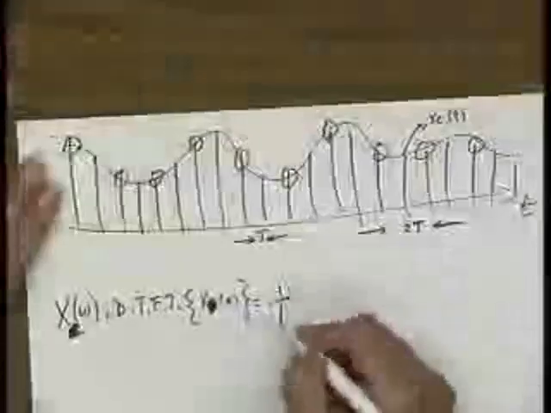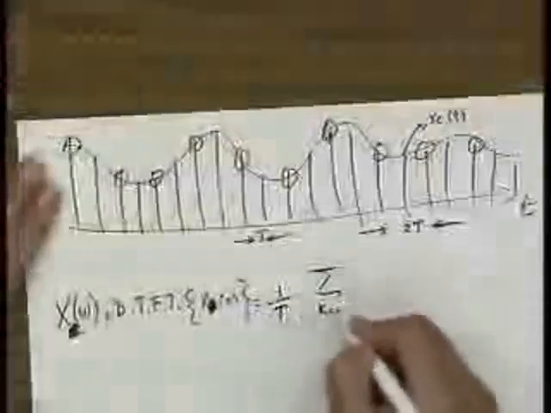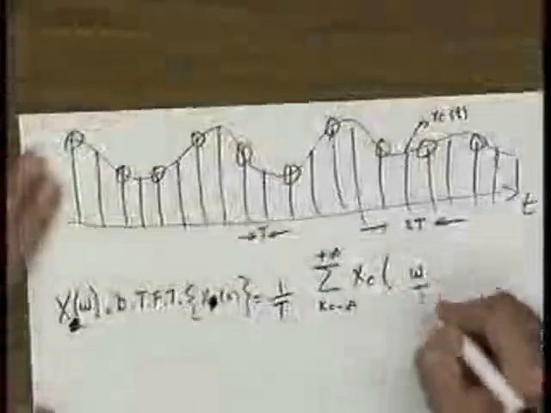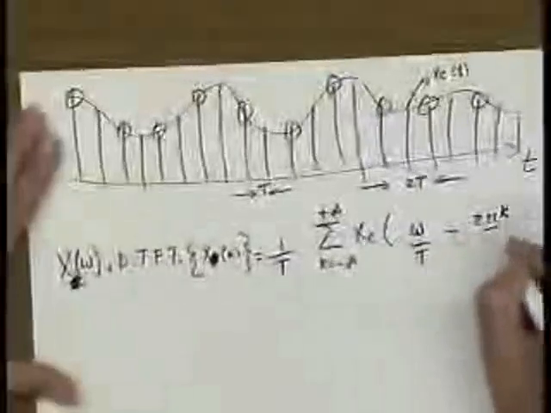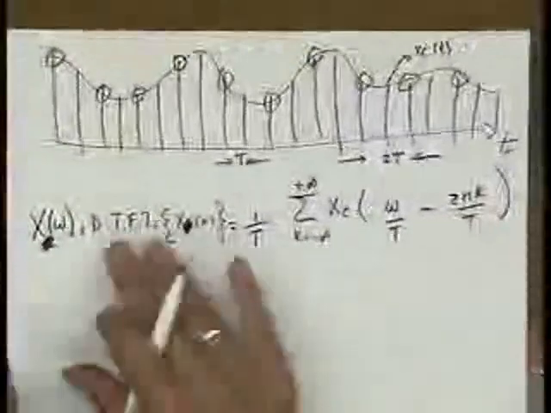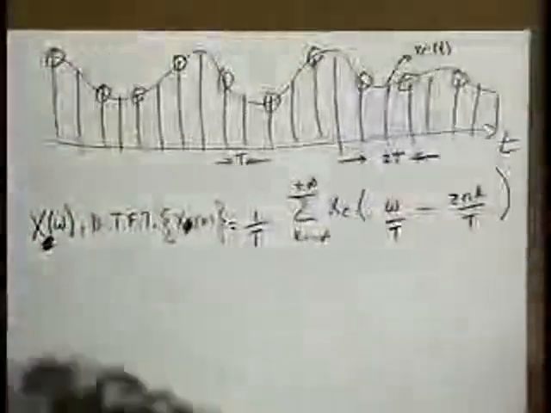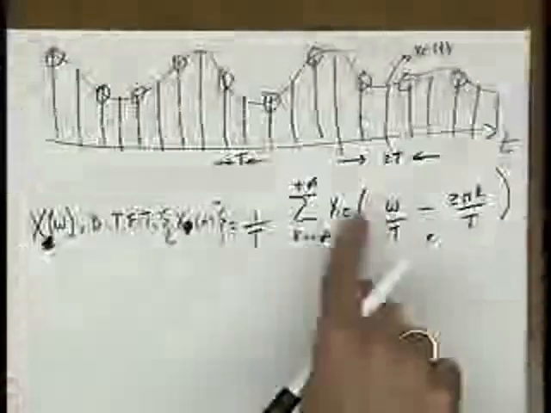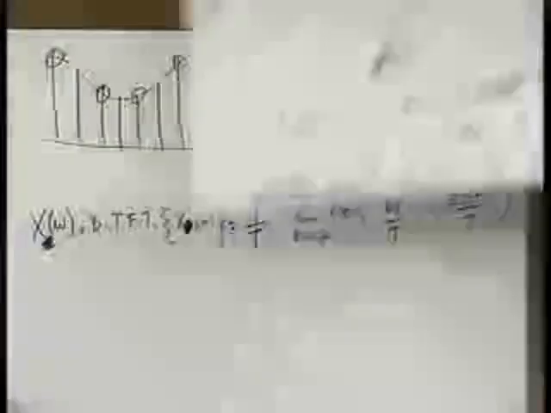So it's 1 over T, summation k from minus infinity to plus infinity, x sub c of (omega over T minus 2 pi k over T). That's just looking at this signal, sampling it, and this is how the continuous time Fourier transform is related to the discrete time Fourier transform.